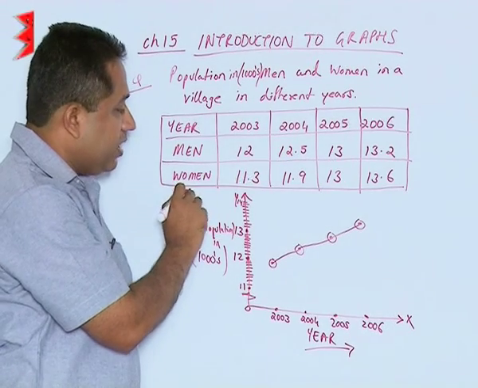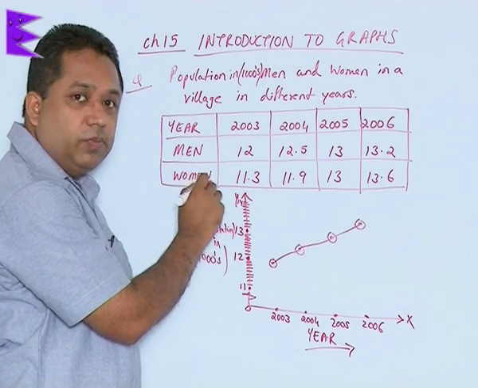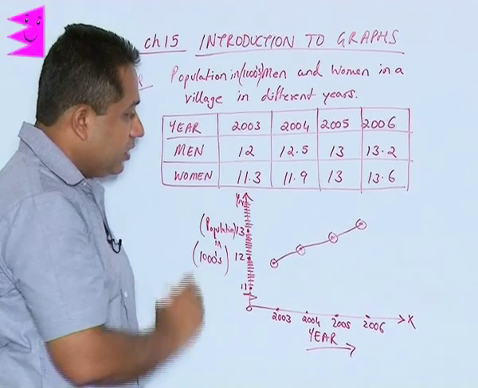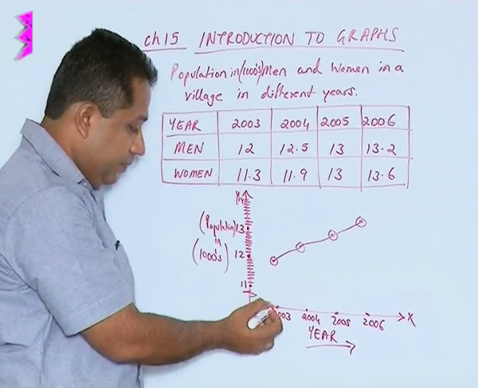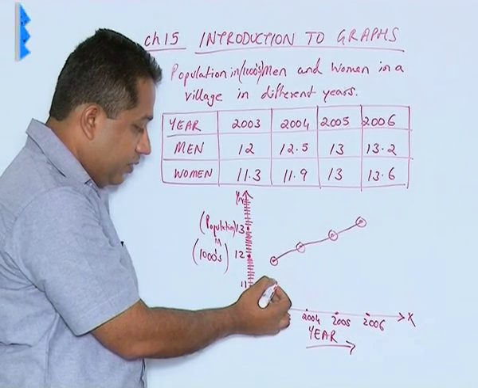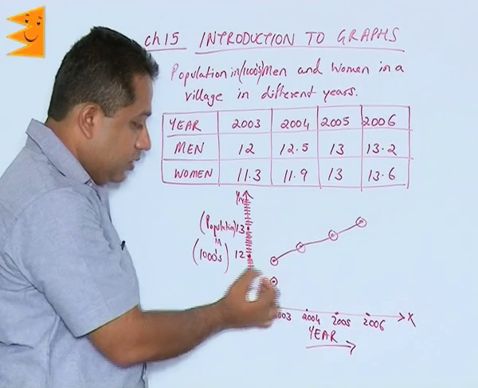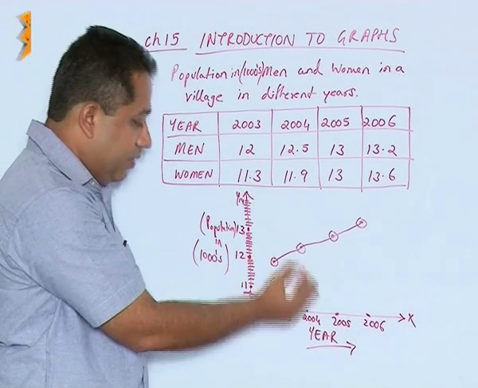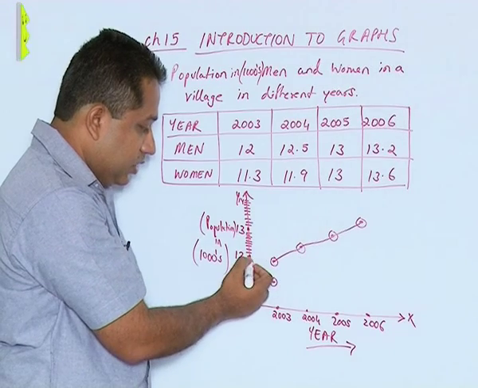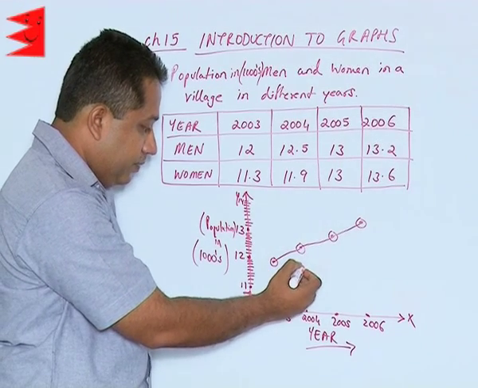Now, on the same graph you are supposed to plot the population of women in thousands. In 2003 the population of women is 11.3. So, this is 11, 11.1, 11.2, 11.3, that will be here. Then 2004 it is 11.9. So, 11.9 will come somewhere here, just 1 millimeter below 12.